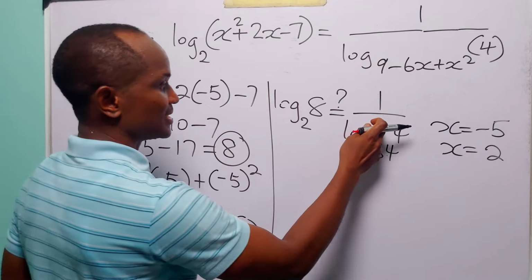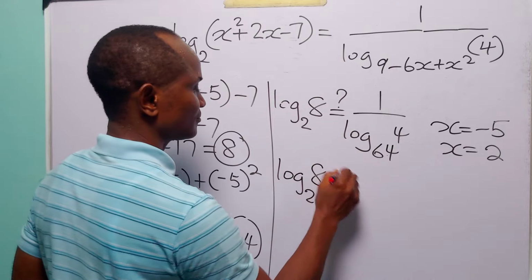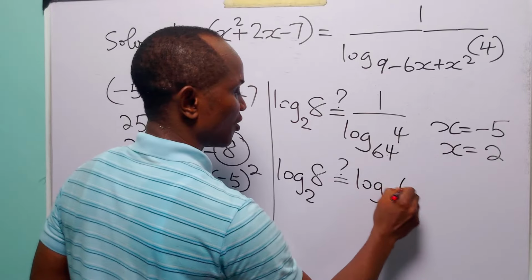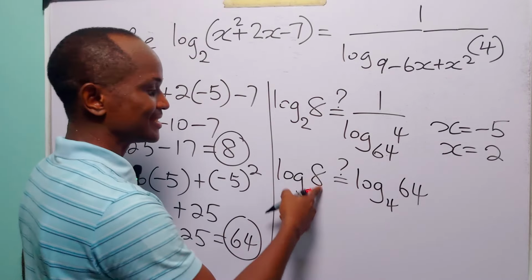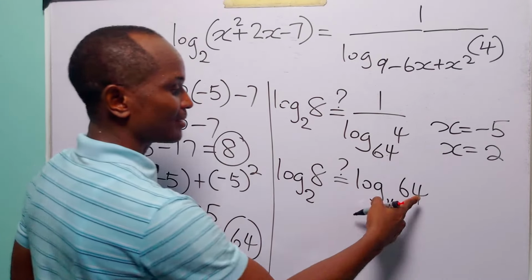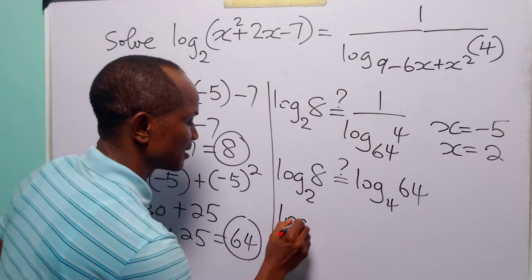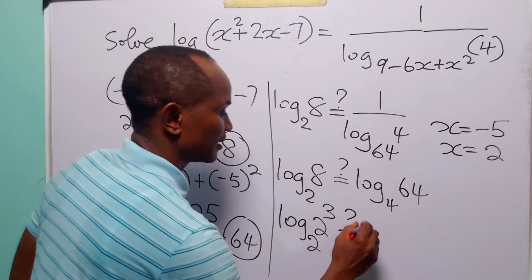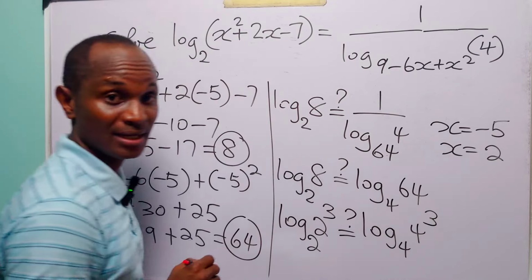Of course, you know that this right-hand side can be written as log to base 4 of 64. And we know that 8 is 2 to power 3, while 64 is 4 to power 3. So this is log to base 2 of 2 to power 3. And this is log to base 4 of 4 to power 3.